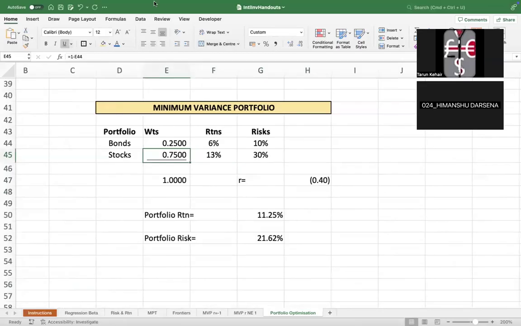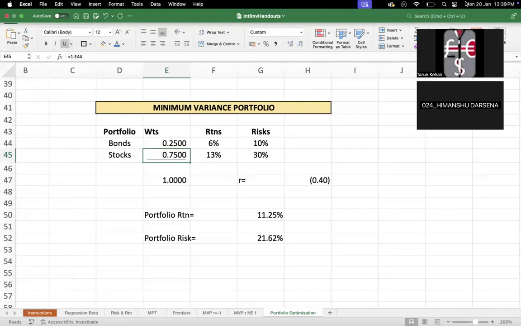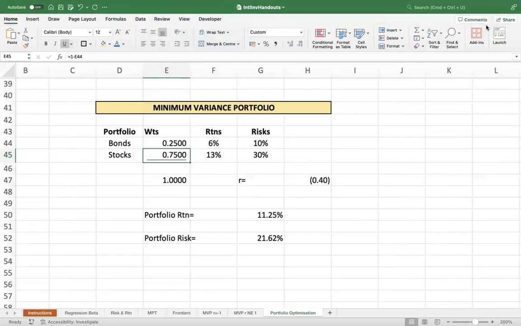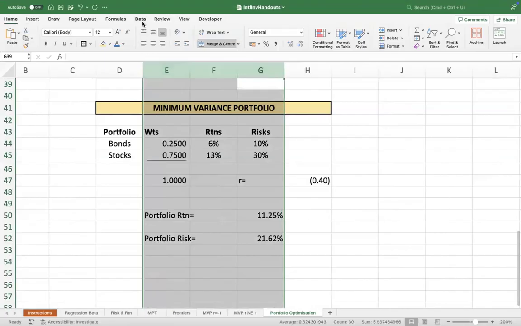If I use the solver, I'll just go to the solver here in the data tab.